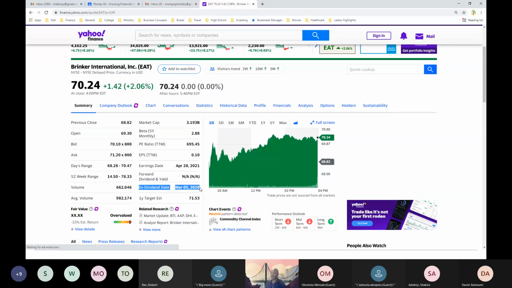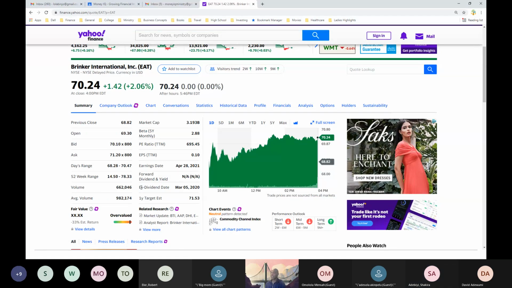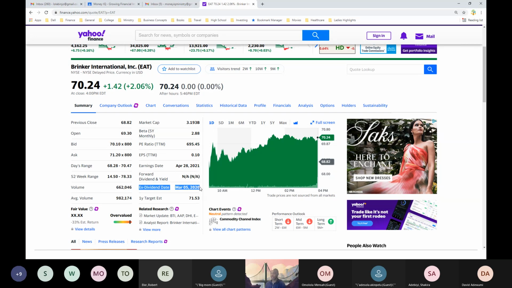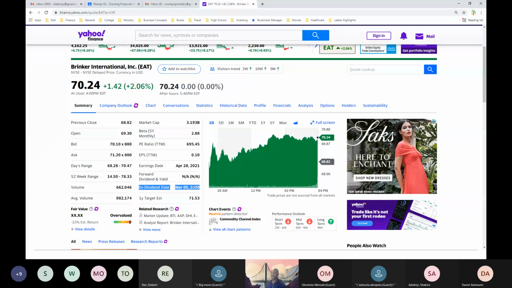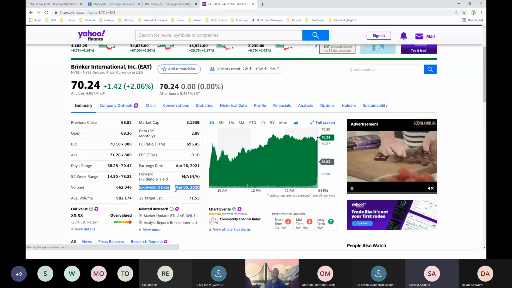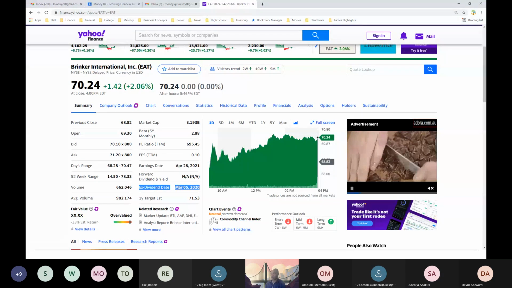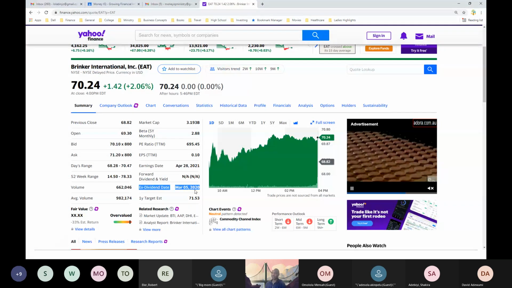What that means is, if the company was going to pay a dividend, it will be paid to those that own shares of the company as of March 5, 2020. So if you bought the share of the company on March 6, you don't get a dividend, if they were going to pay one. But if you had owned the share and you had it on record at the ex-dividend date of March 5, then you will be paid that dividend.